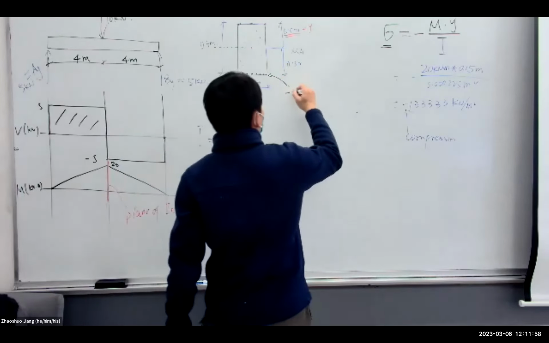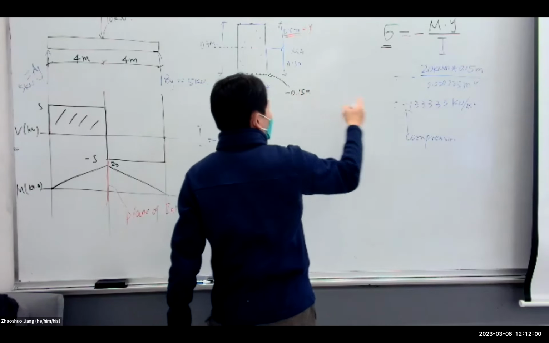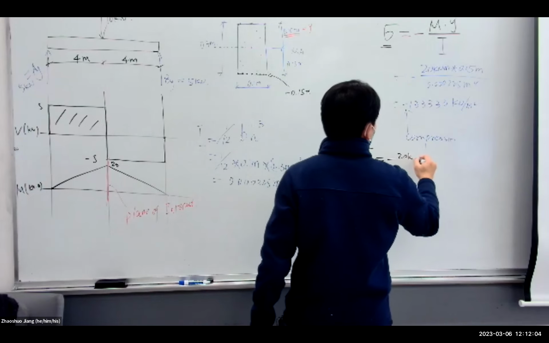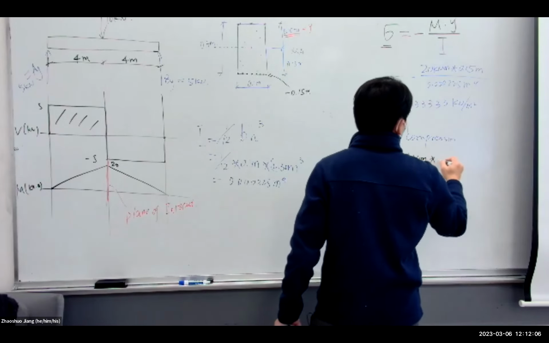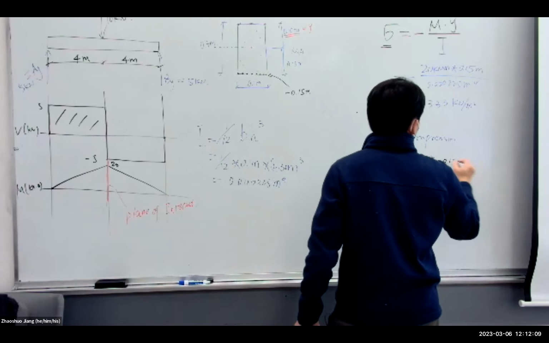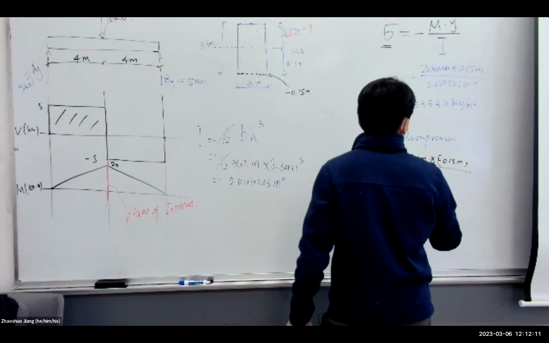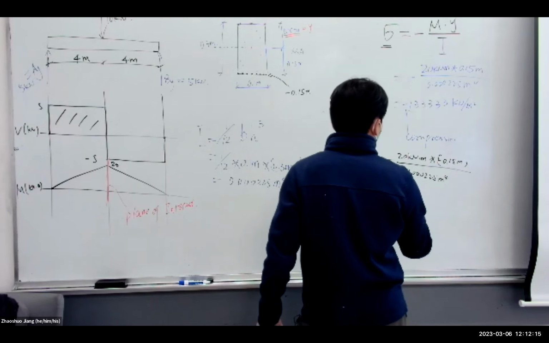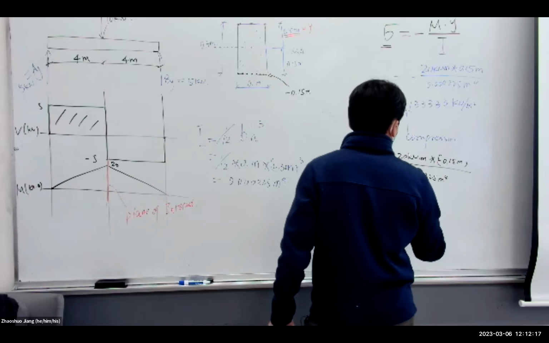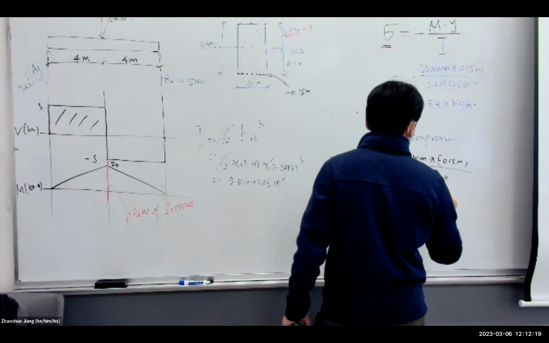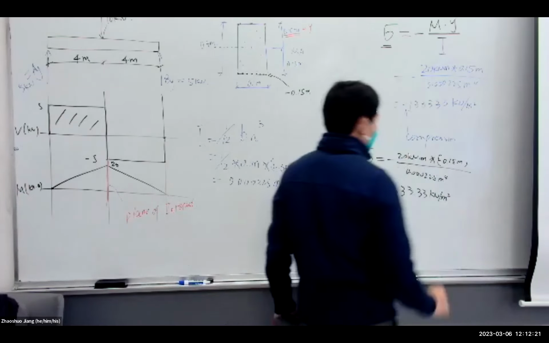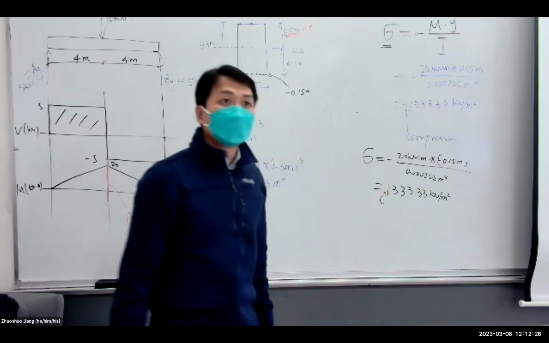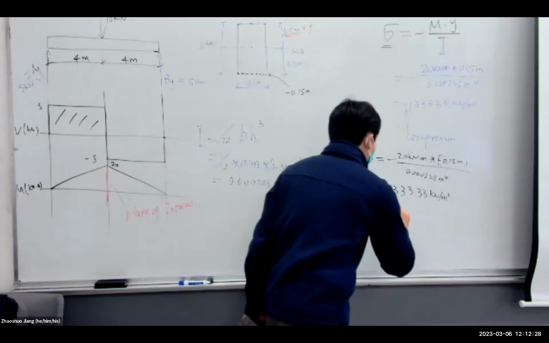Negative 0.15. If you substitute in this equation, it's negative 20 kilonewton meters times negative 0.15 meters divided by 0.000225 meter to the fourth. That will give you a positive value. What does that positive value mean? Tension, excellent.